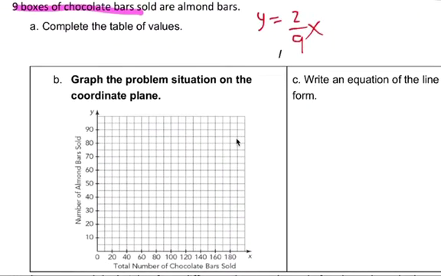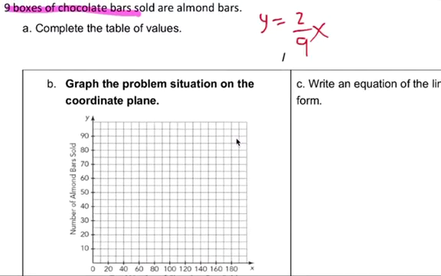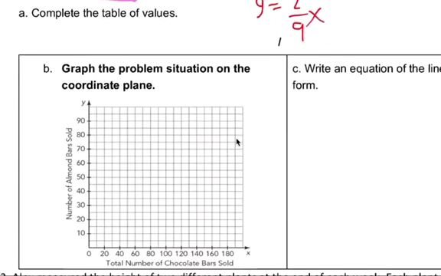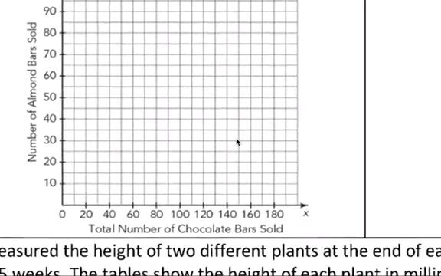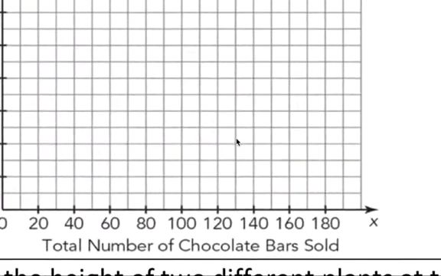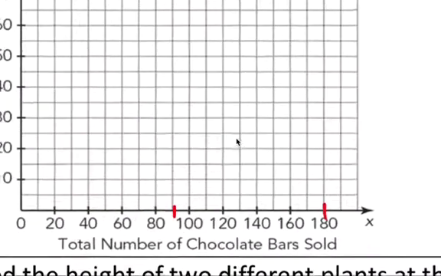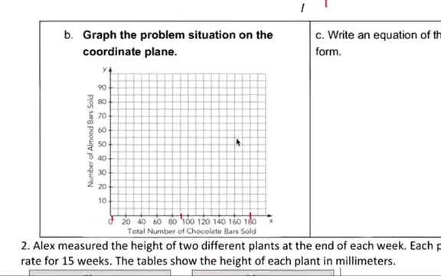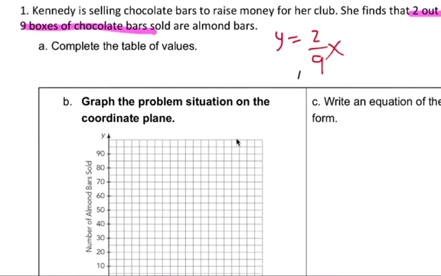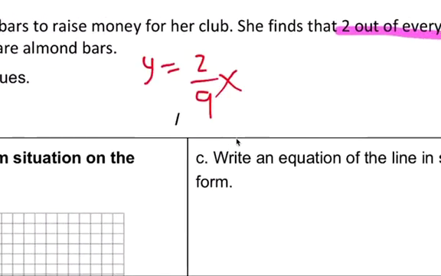I would use numbers that go into 9: 90, and 180, and 0. Those 3 are multiples of 9, so we can cross cancel. When you choose numbers, choose smart numbers. The denominator is 9.